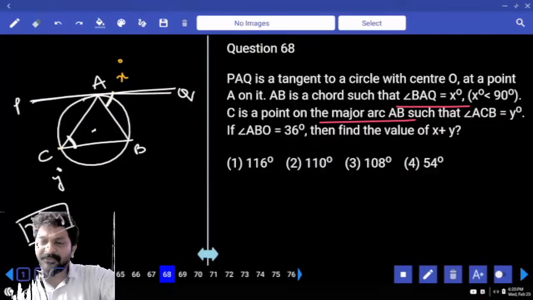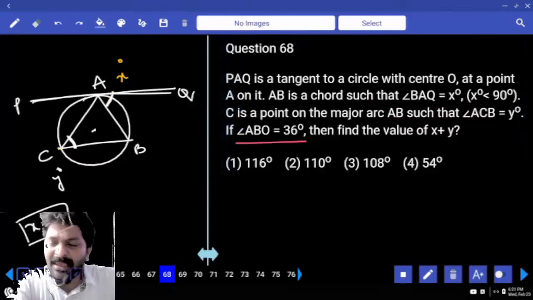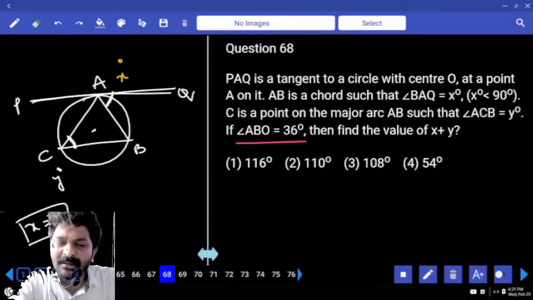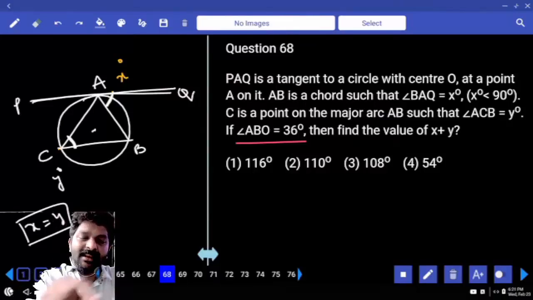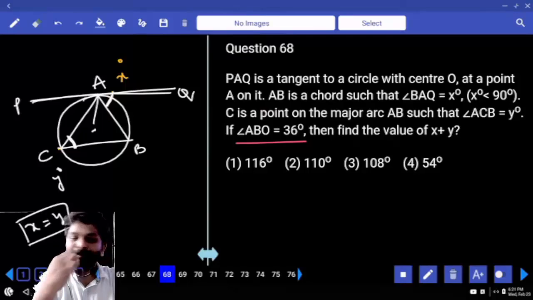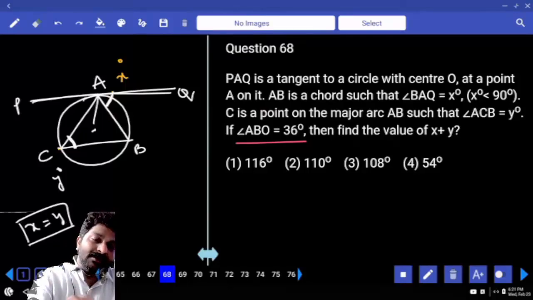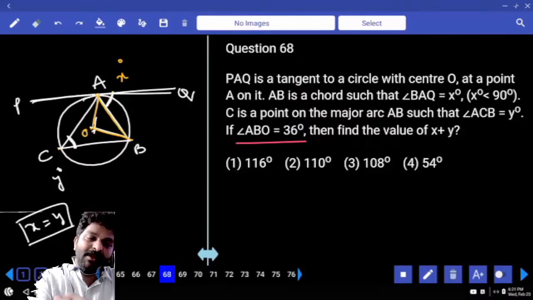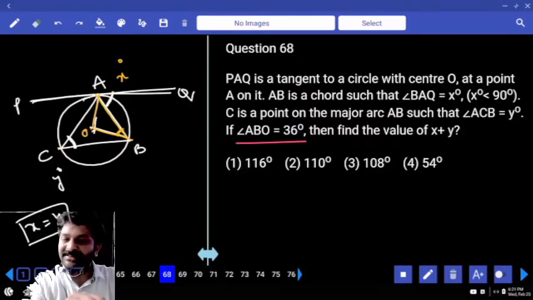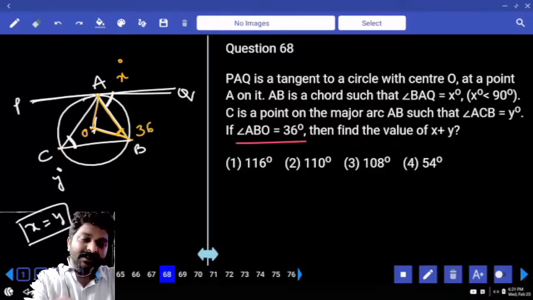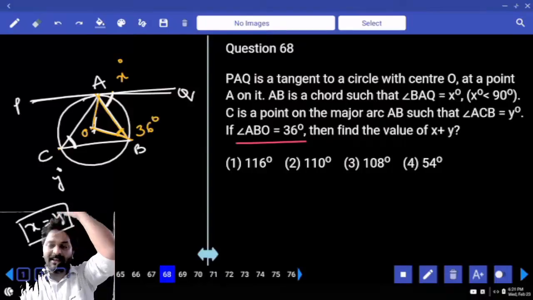If angle ABO, O is the center, angle ABO, so we have one more triangle here. This is O, ABO, right. At B the angle is 36 degrees. Then find the value of x plus y.